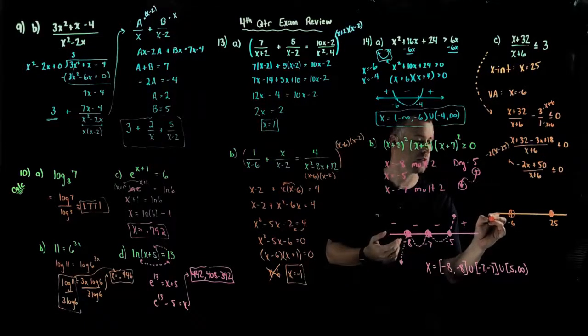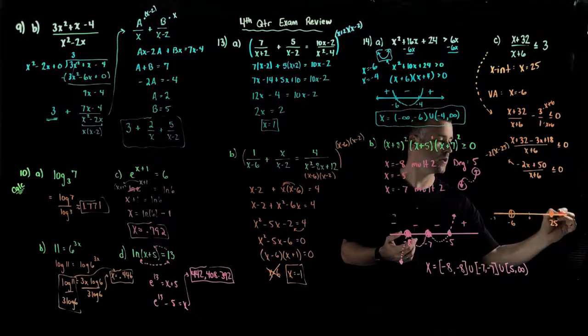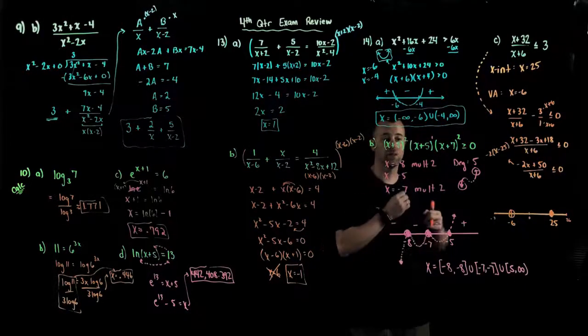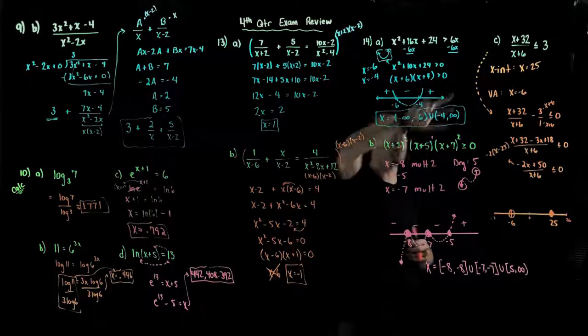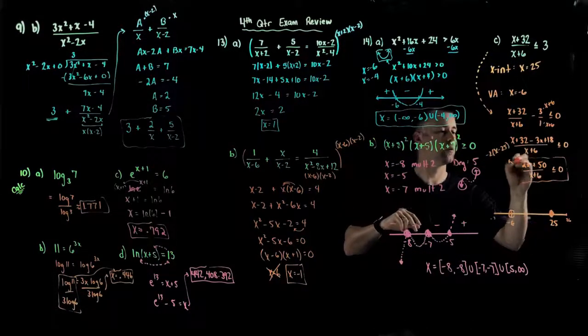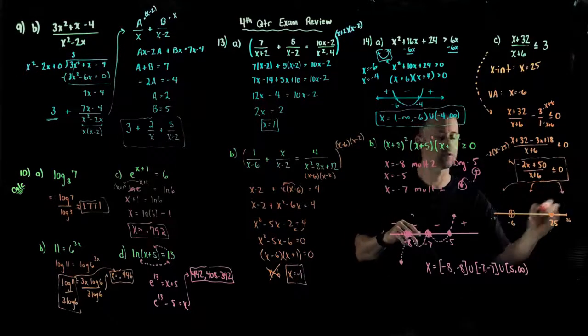So I'm going to pick -7, and I'm going to pick obviously 0 in here, and I'll pick 26. And I'm just trying to know when is it positive and when is it negative. So I'm going to take my original equation, not my original, I'll take this one right here, and I'm going to test it 3 different times.